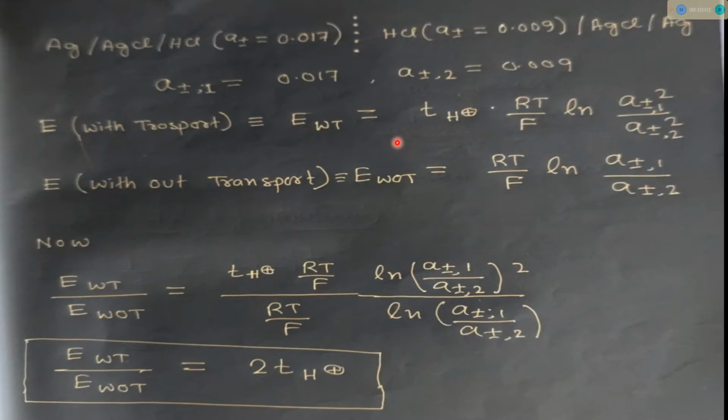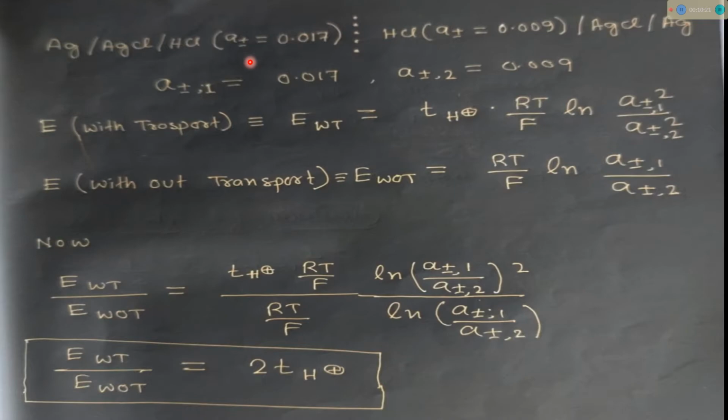So this is the cell given. I am again telling you that we will discuss these portions, cells without transport, cells with transport, and how to calculate the EMF of those cells, in our upcoming videos.